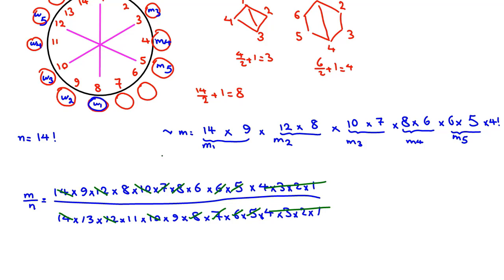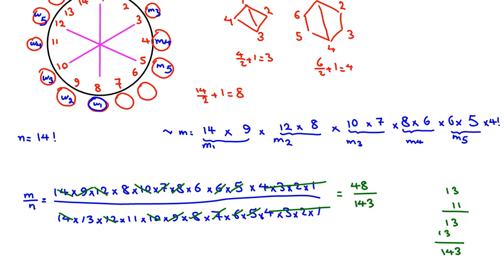Now the rest, if we consider 9, we have 9 here, 9 here, 11, 13. In the numerator we have 8 and 6, in the denominator 11 and 13, so we can't simplify anymore. 8 times 6 is 48, and 11 times 13 is 143.